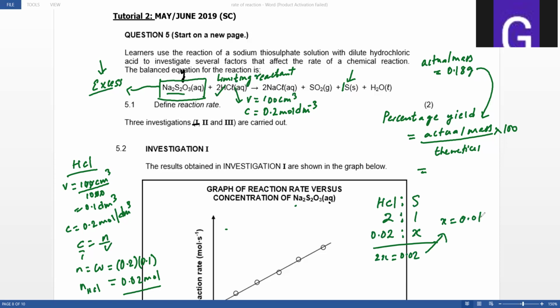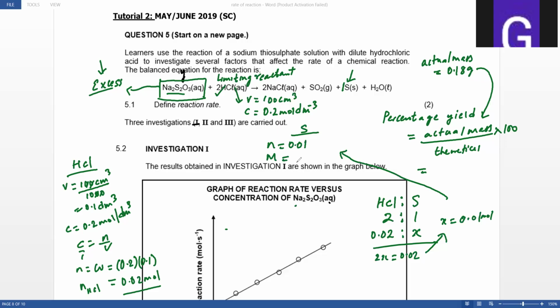So it means that the thiosulfate has, about the sulfur, sulfur has the following information. We got the number of mole to be 0.01, and we want the mass. So we're going to say, what is the molar mass of sulfur? The molar mass of sulfur, if I'm not mistaken, sulfur has a molar mass of 32.